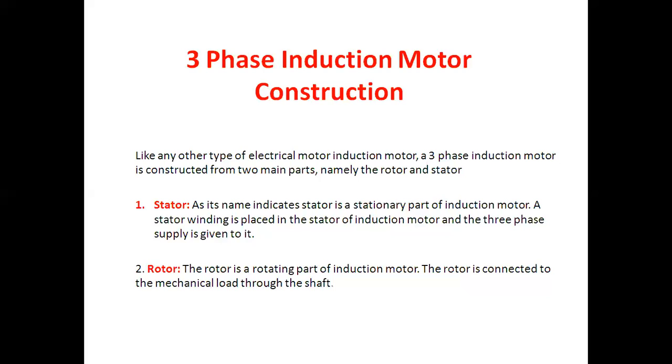So from that discussion, we have understood that a three-phase induction motor has two parts. One is the stationary part, known as the stator, where the three-phase supply is provided, and one is the rotating part, called the rotor, which is connected to the mechanical load through the shaft.